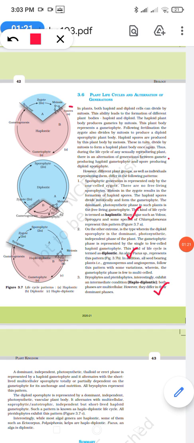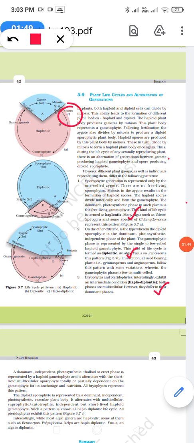These haploid spores undergo mitotic divisions and form the gametophyte. The photosynthetic phase in such plants is the free living gametophyte. This kind of life cycle is termed haplontic, and it is seen in algae.